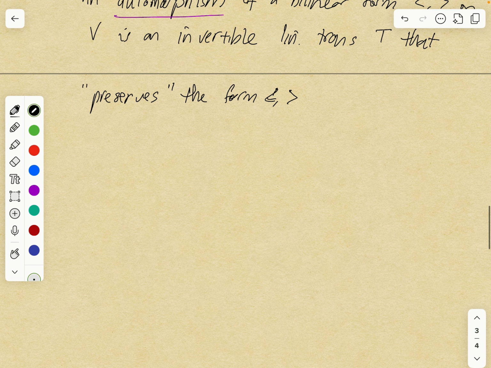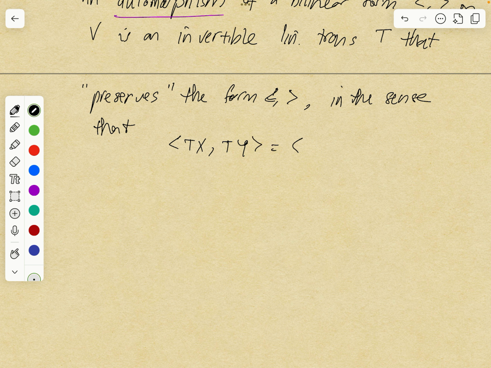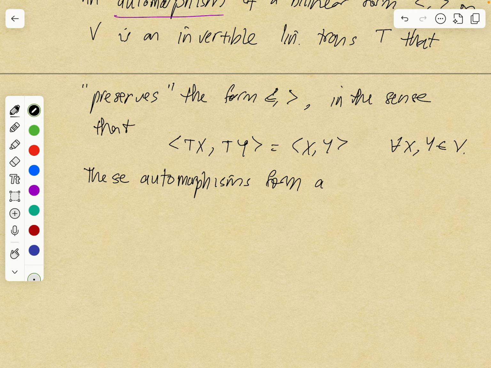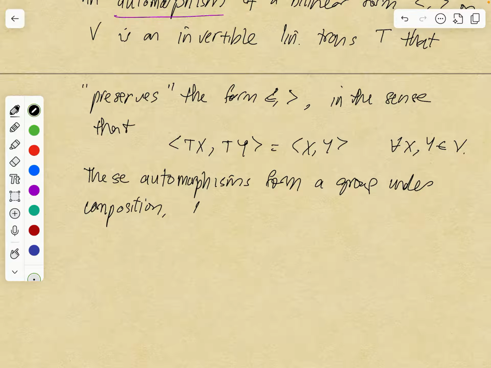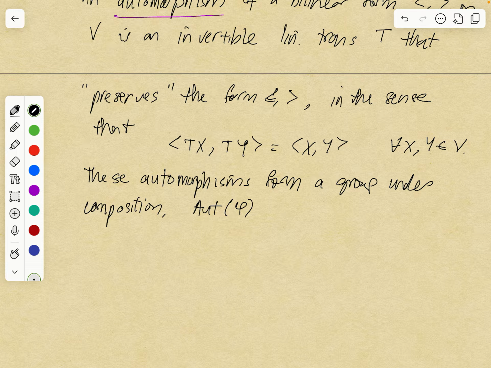Okay, what does it mean to preserve the form? In the sense that the form of Tx and Ty is equal to the form of x and y for all x and y in V. So these automorphisms form a group under composition, and the group is written as Aut of this form.